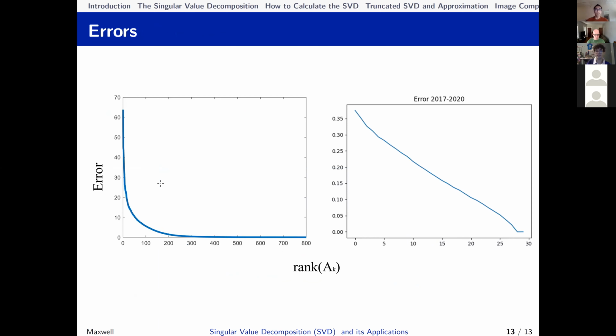And lastly, I wanted to talk about the error plots for each of the applications. So on the left, we have the error plot for the image compression, and on the right, we have the error plot for the senators' data. And we can see that the image compression one goes down really quickly and levels off, while the senators' one is linear.